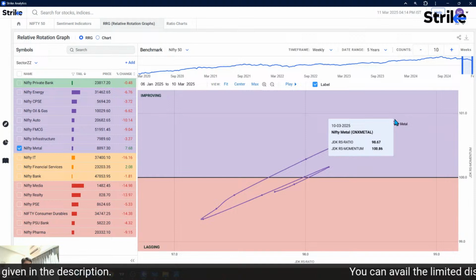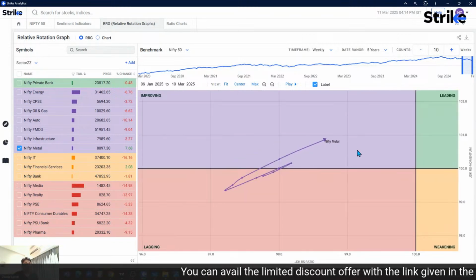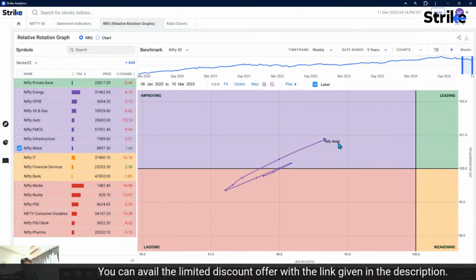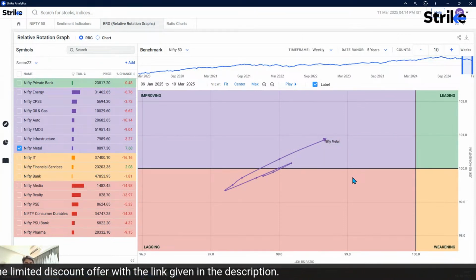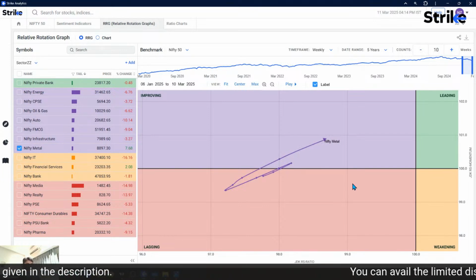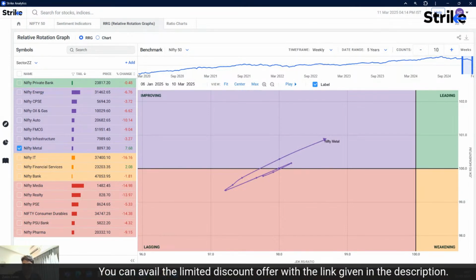On the weekly, this will also start coming down a little bit. And then, maybe at the end of the week or something like that, this arrow comes down over here, then again, metal would be a laggard. So we have to be very careful in Nifty metal, right? Sushil ji, I hope you have understood this.